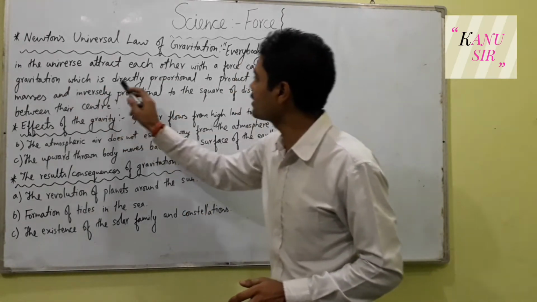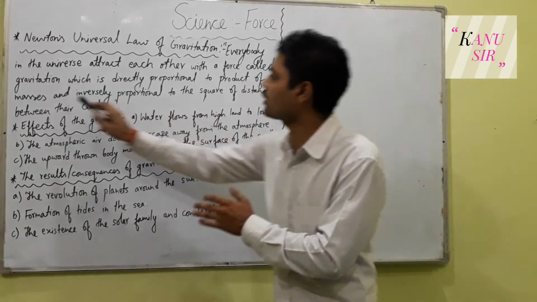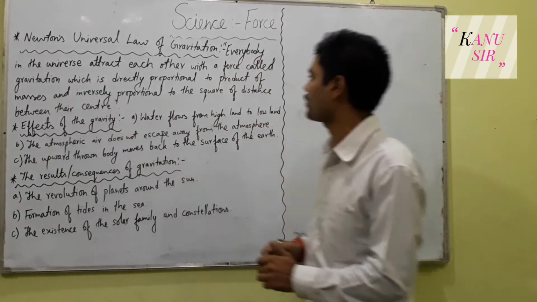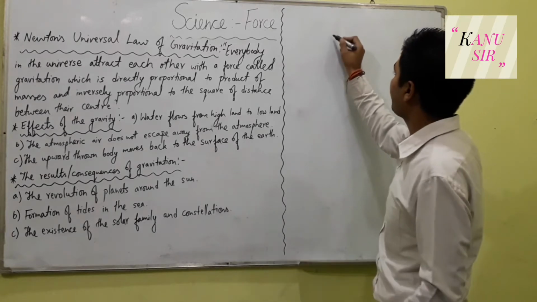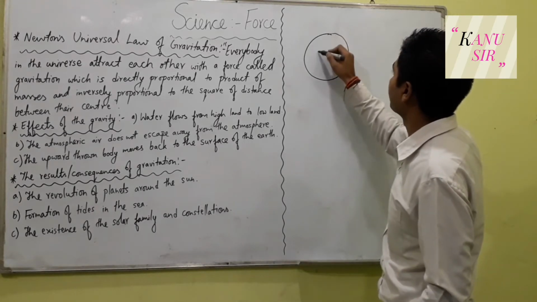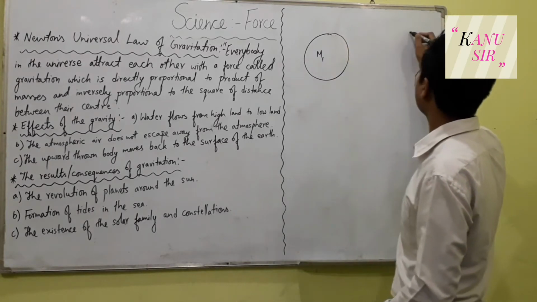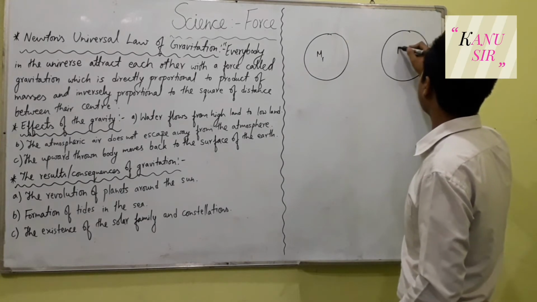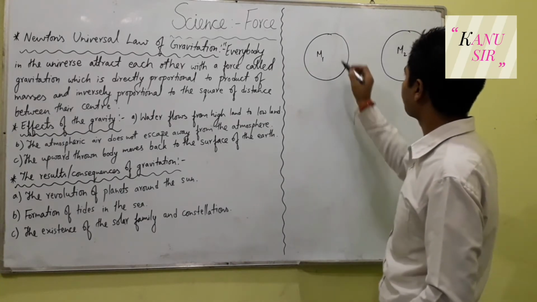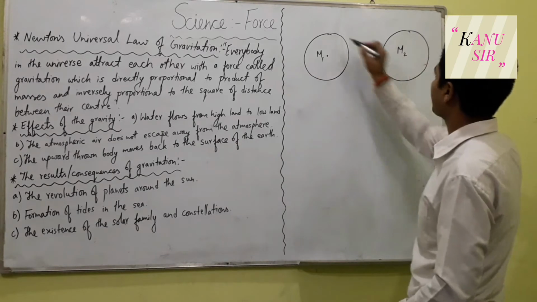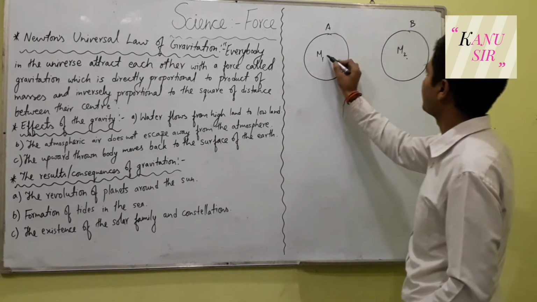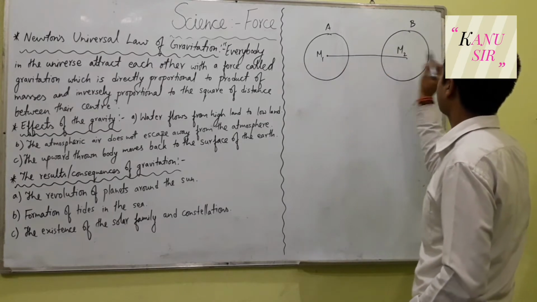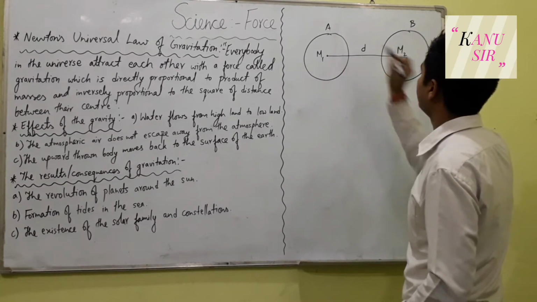So Newton found that the gravitation is directly proportional to the product of the masses and inversely proportional to the square of the distance between their centers. Let us keep an object here with mass m1, and this one is mass m2. This is the center of mass A, and this is the center of mass B, and the distance between the center of mass A and mass B is d.